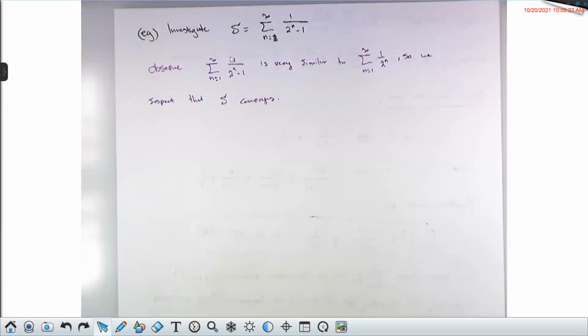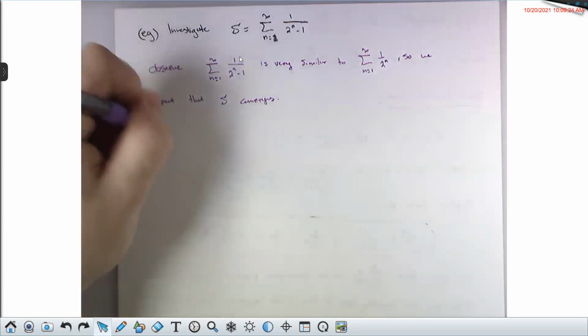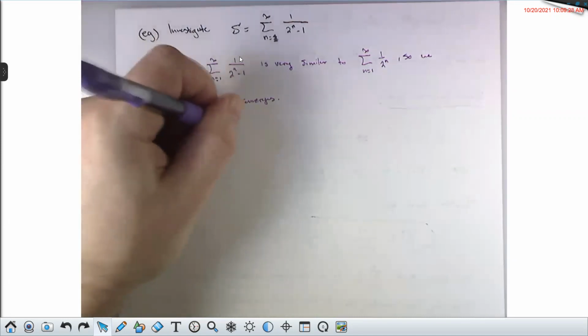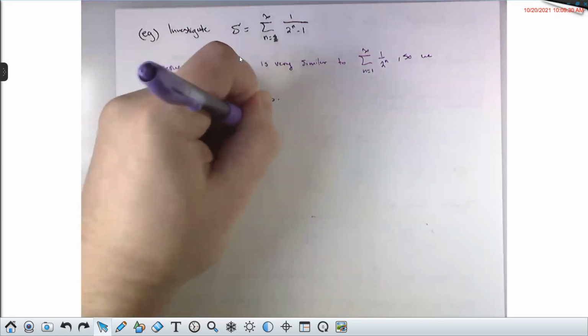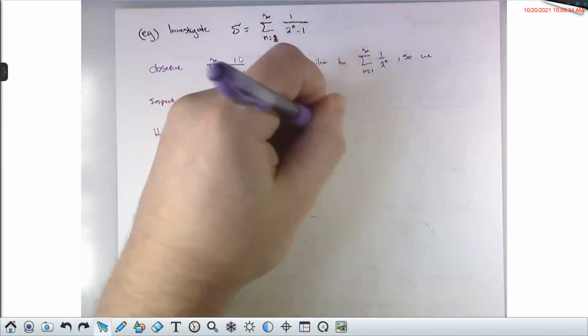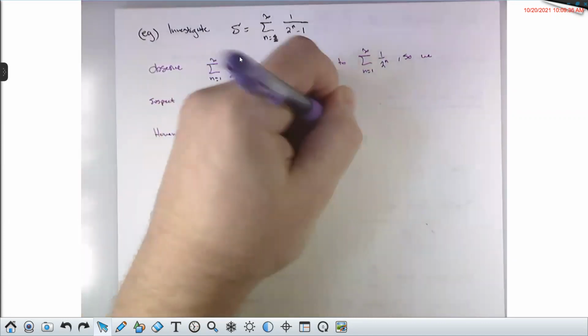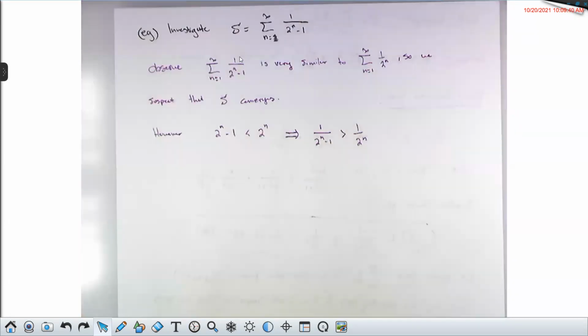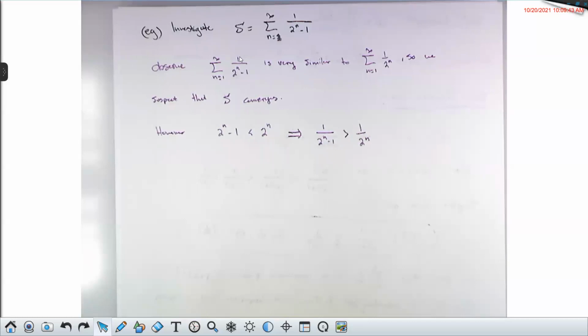However, if you go trying to build the inequality, 2 to the n minus 1 is smaller than 2 to the n, which means 1 over 2 to the n minus 1 is bigger than 1 over 2 to the n. Now, the direct comparison test says if you're smaller than a convergent series, you must be convergent. If you are larger than a divergent series, you must be divergent.